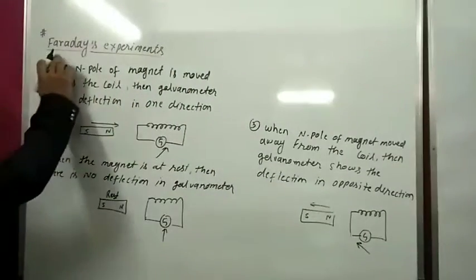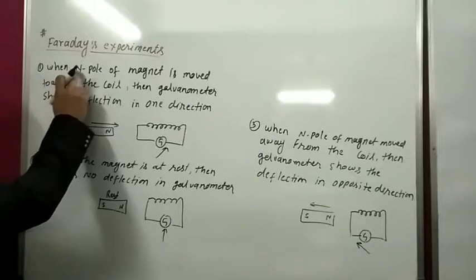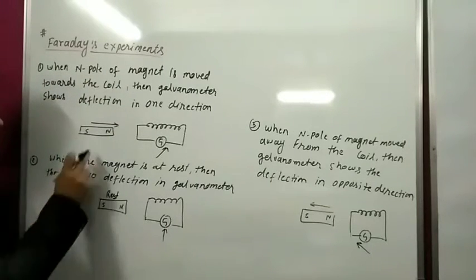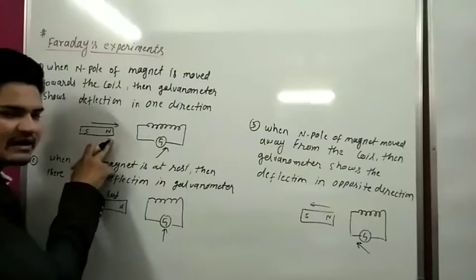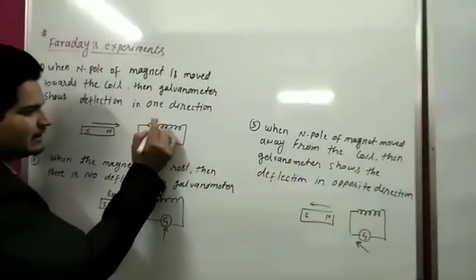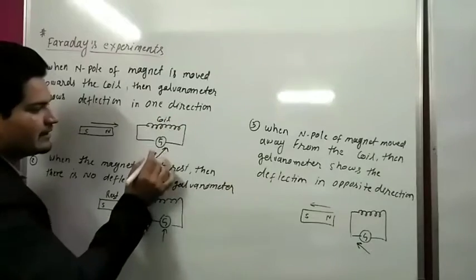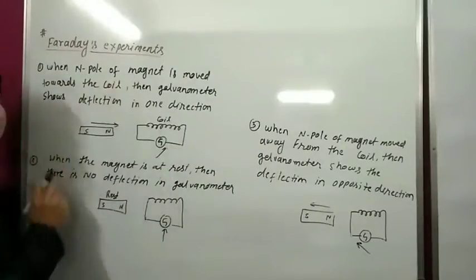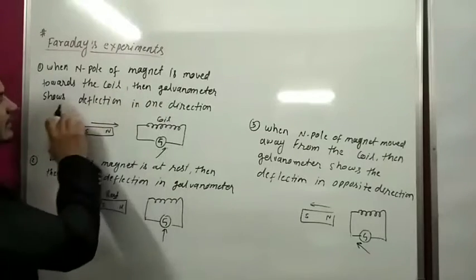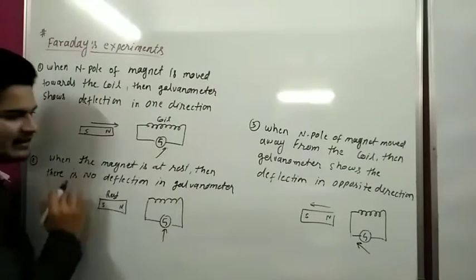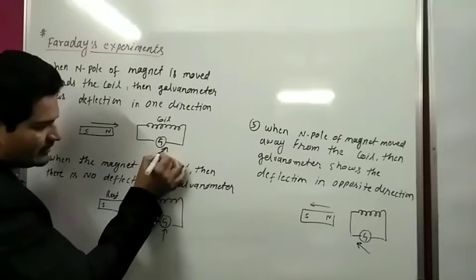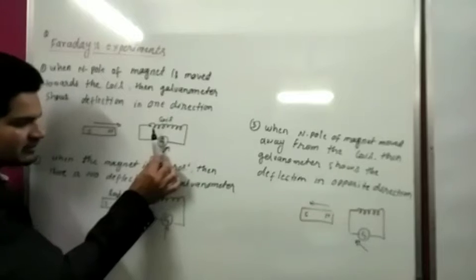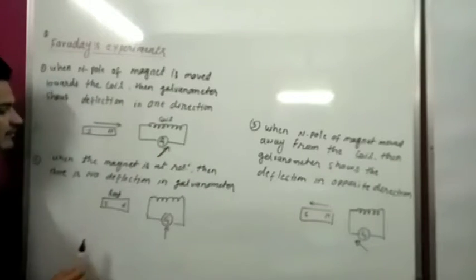When the north pole of a magnet is moved toward the coil, this is our coil, this is the galvanometer, then the galvanometer shows deflection in one direction. This is the galvanometer needle, it shows deflection in one direction.